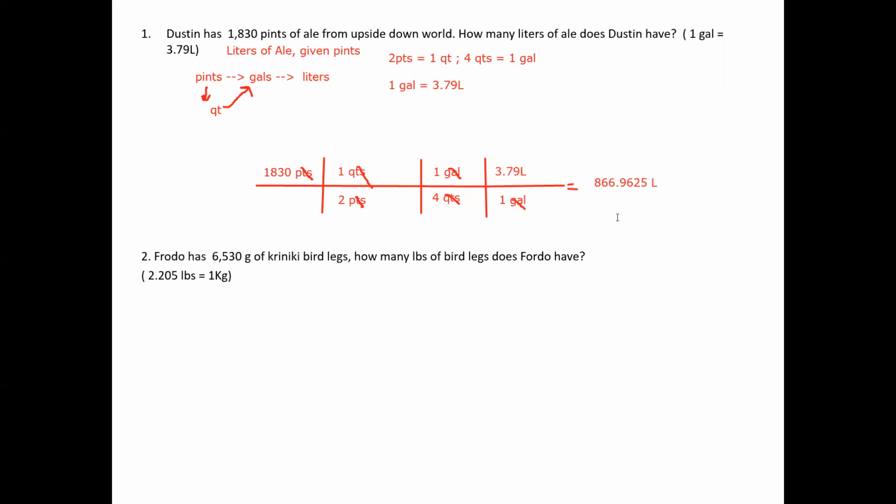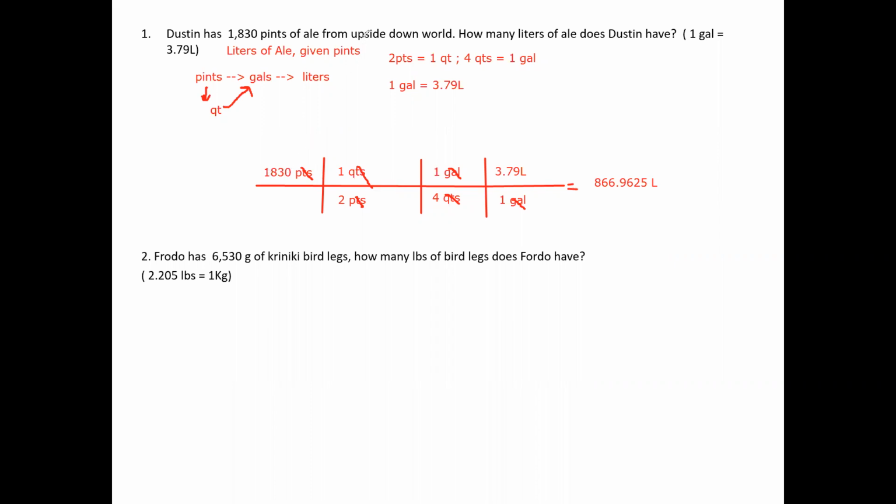Remember, these are measured quantities, so we have to round to the correct number of significant figures based on the number in the operation with the fewest significant figures. So if we look at all of our equalities and our original number, we want to determine which one has the fewest number of significant figures.